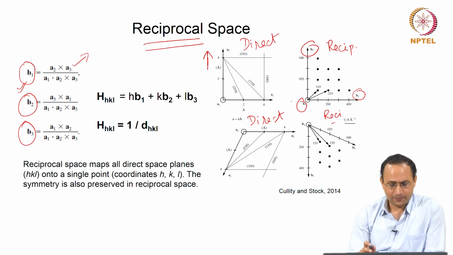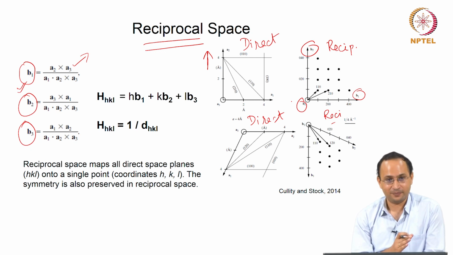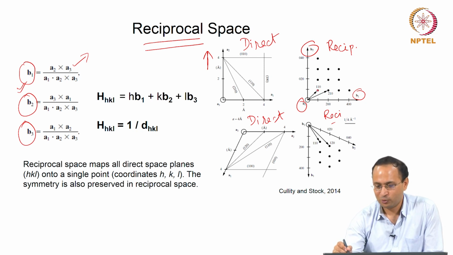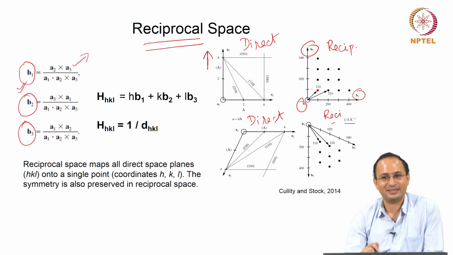The benefit of reciprocal space is that it maps all direct space planes onto one single point. In this case we want to map all the 110 planes. This is the point in reciprocal space which represents all the planes corresponding to 110.